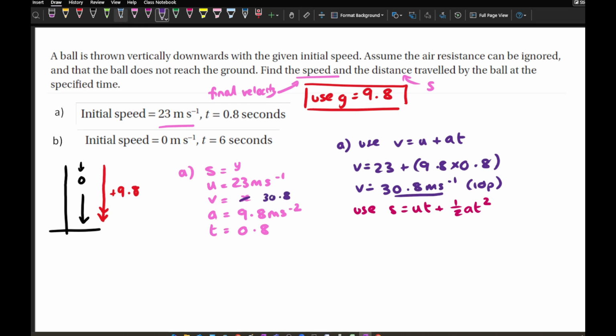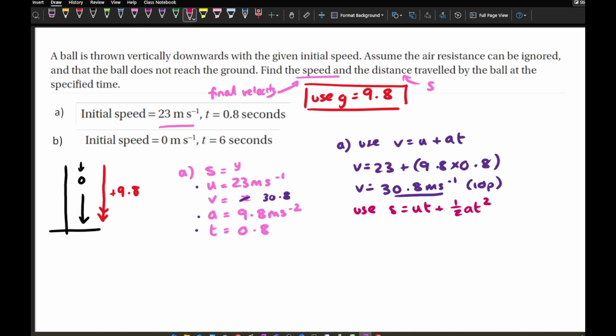Now, as I've got 4 variables, I can use any formula that uses S. Depending on how confident you are in your previous answer, if I'm really confident in my V from the first part, I could use it. If you're not confident, then use the values that have been given in the question that you know for a fact. So just bear in mind how confident you are in those answers that are being used.